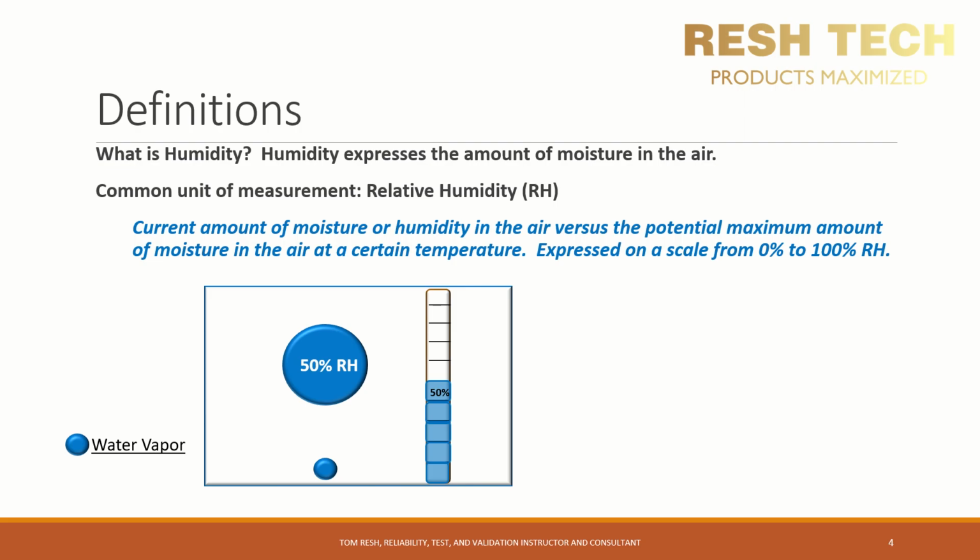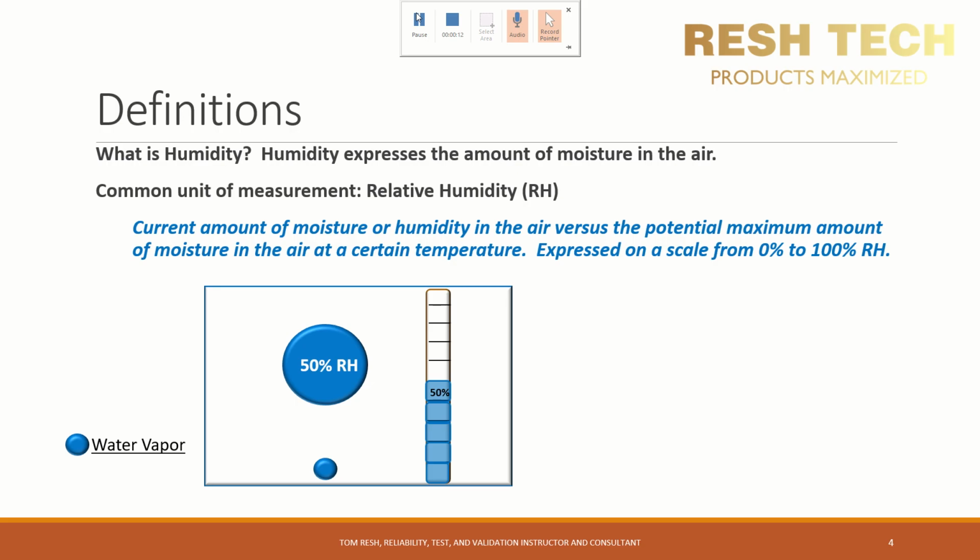So we will define relative humidity as the current amount of moisture or humidity in the air versus the potential maximum amount of moisture in the air for a certain temperature. Relative humidity is expressed on a scale from 0% relative humidity to 100% relative humidity.